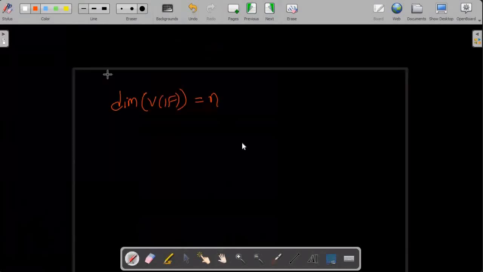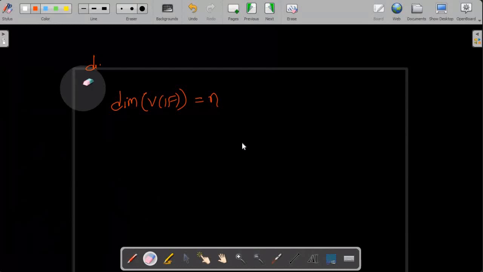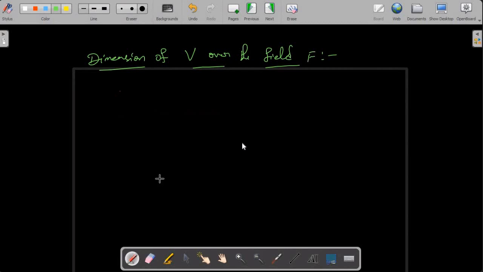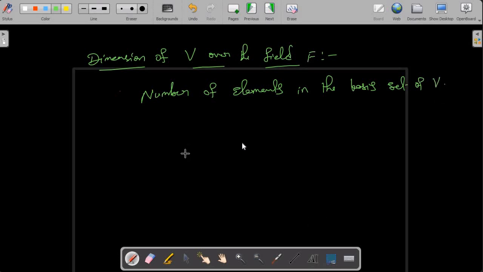Okay, dimension of V over the field F is nothing but the number of elements in the basis set. So the number of elements in the basis set of V is called the dimension of V.